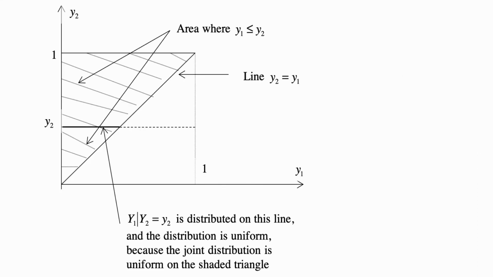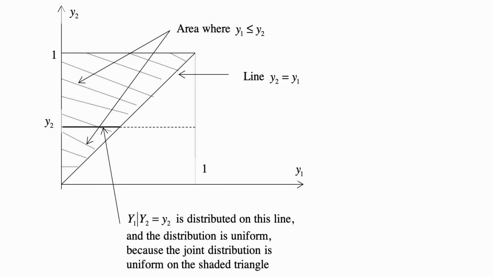So here is the story. The shaded triangle is the area where the joint distribution is distributed. Of course, y1 is less than or equal to y2. And it's a uniform distribution. The area of this triangle is 1/2. So the joint PDF of Y1 and Y2 is 2 on that region. And we are asking, given the value of y2, what is the conditional distribution?